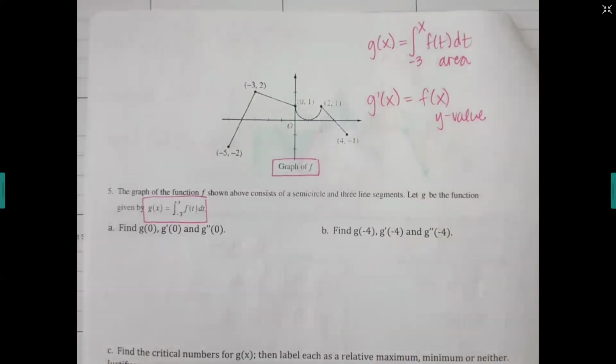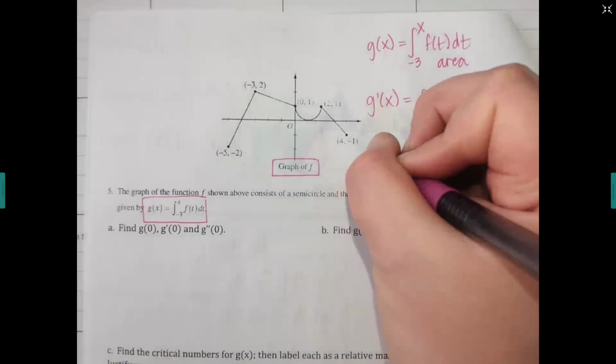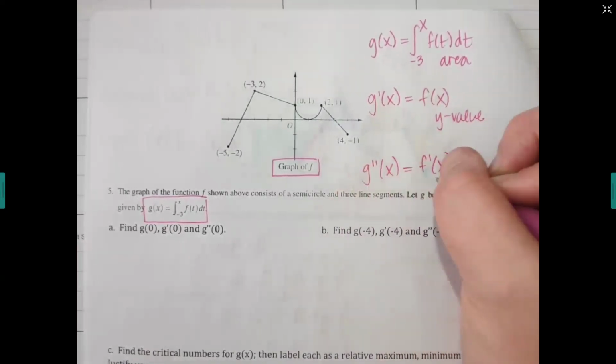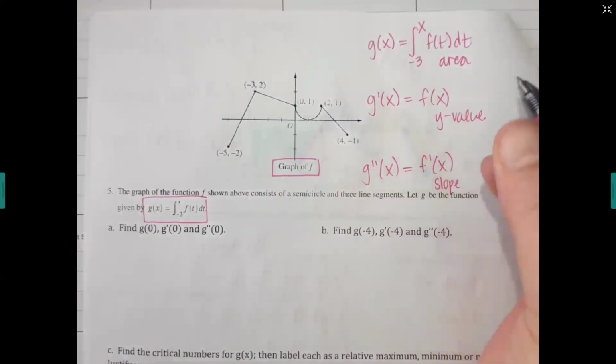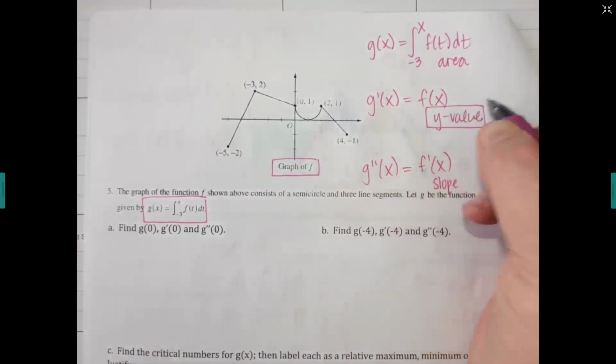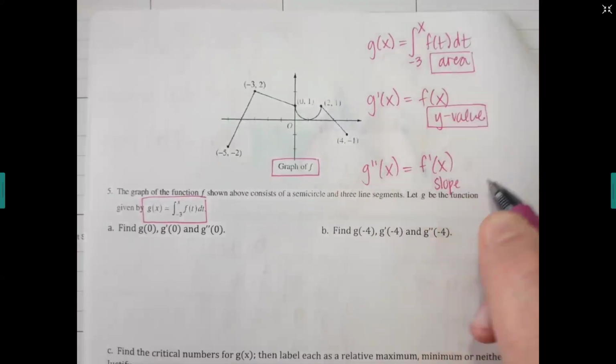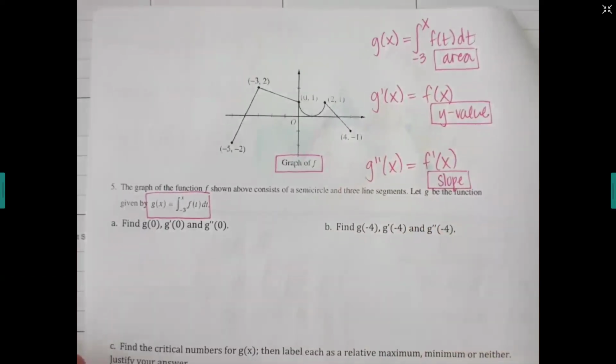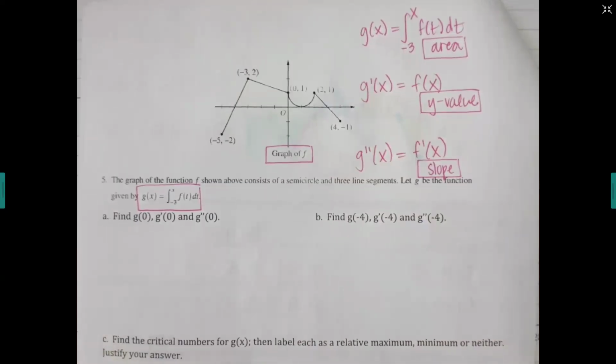And then last one like that, G double prime of x would be f prime of x, which is the slope. All right, so go ahead and try A and B. So you're going to find G of 0, G prime of 0, G double prime of 0. Give it a shot.